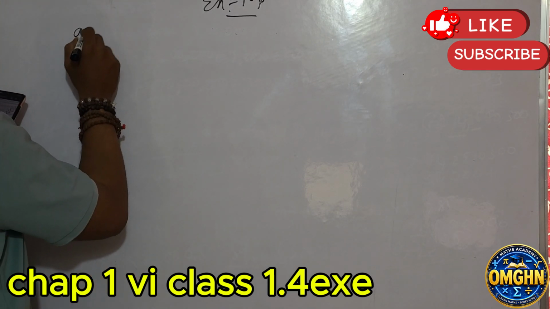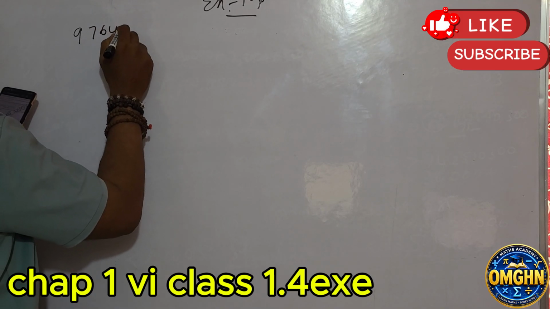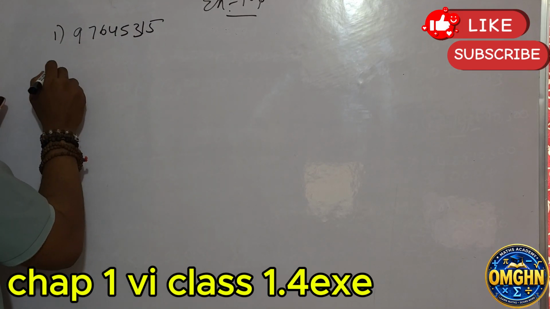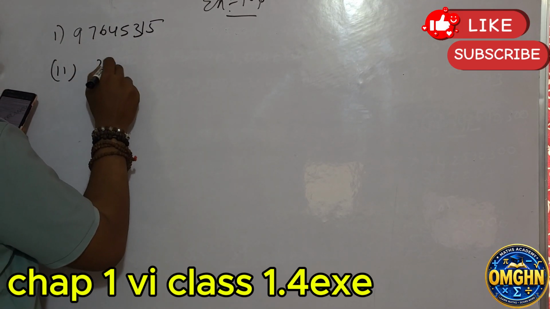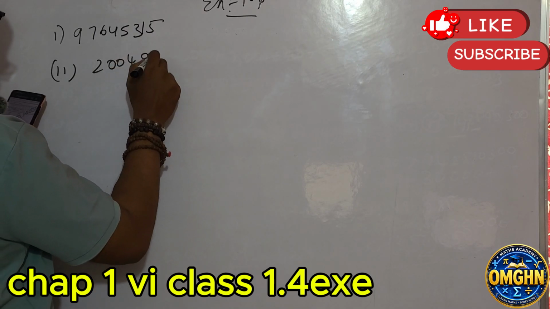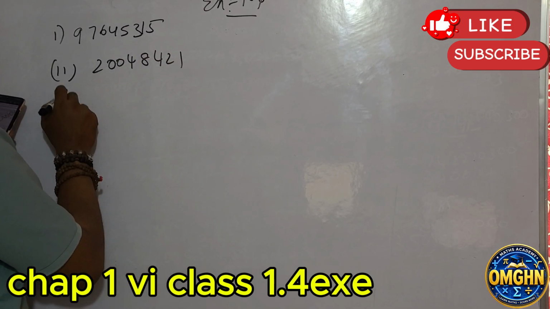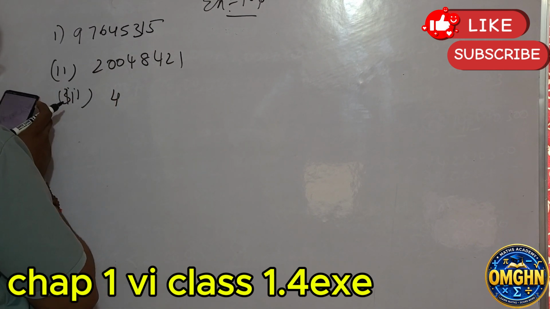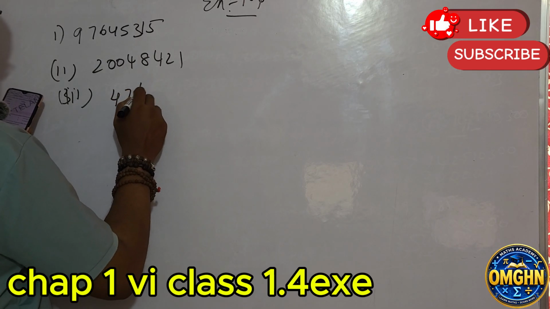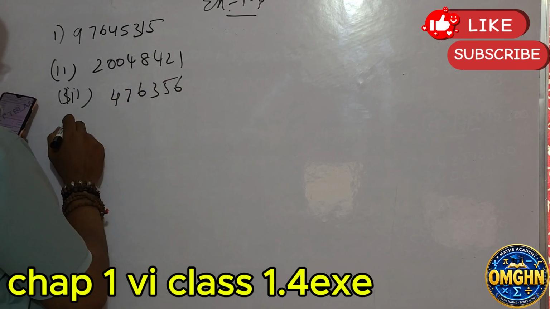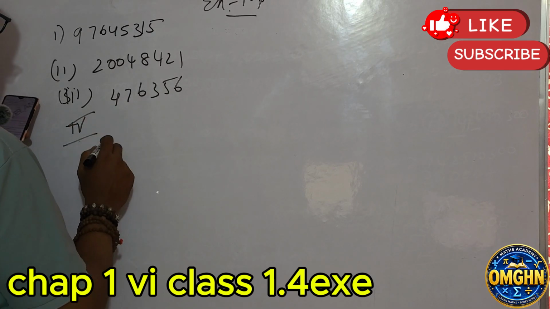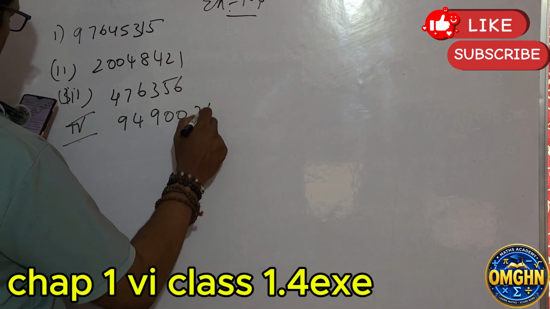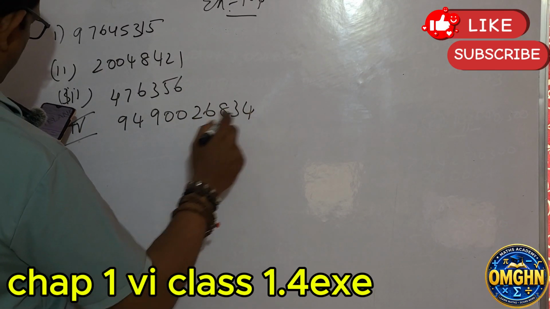The first one is 9764531. The second one is 2004841. The third one is 476356. The fourth one is 949002684.